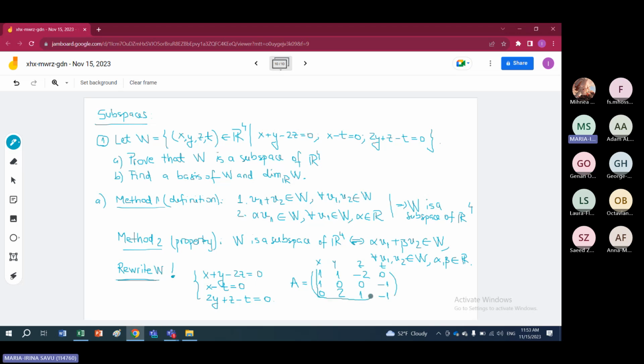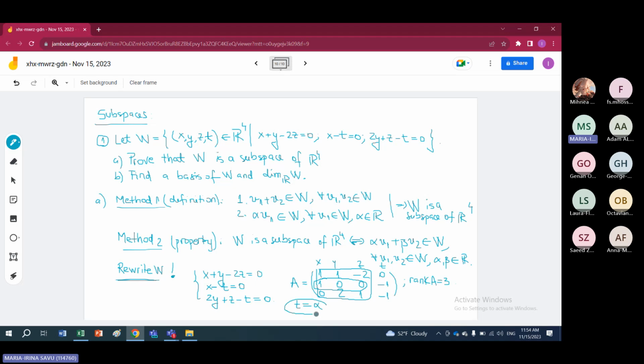If the determinant using the first three columns is not 0, so the rank of A is 3. So it means that you have how many main variables? Three main variables and one secondary. Yes, so t is the secondary variable.